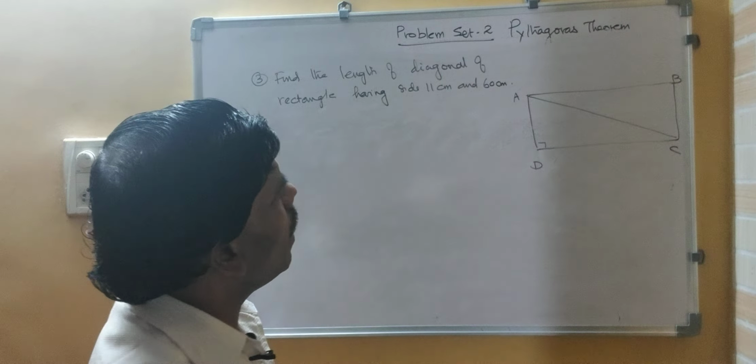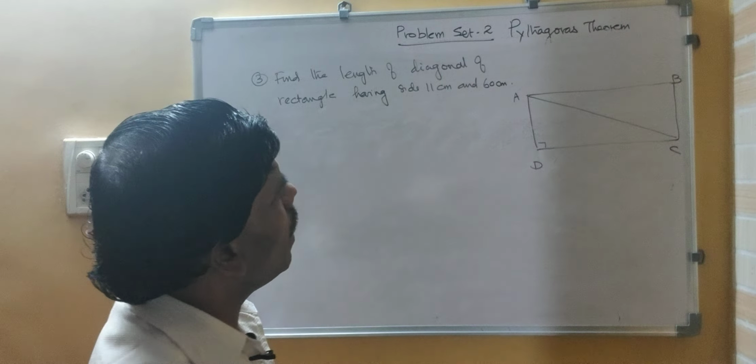Why? These two sides cannot be equal because hypotenuse is always greater than the other two sides, right? Therefore, now what is there? See here, the side of an isosceles triangle is X. So this is X, this also x.